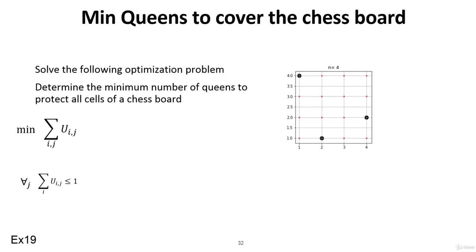For every given column j, the summation over i should be less than or equal to 1. It means that not more than 1 queen can exist on each column, not more than 1 queen in each row, and also on each diagonal the number of queens should be less than or equal to 1, so it can be 1 or nobody.